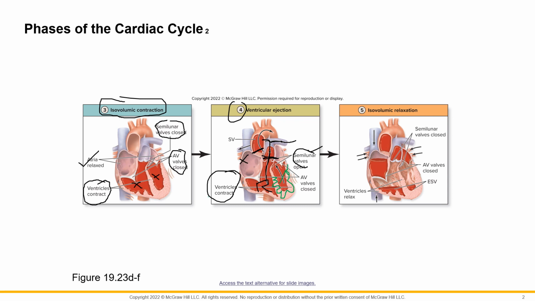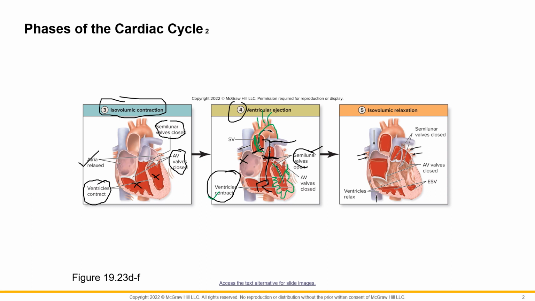So during ventricular systole, blood from the left ventricle is going through the aortic semilunar valve, through your ascending aorta, through the aortic arch, and your major blood vessels are going to be branching out of various sections of the aorta.